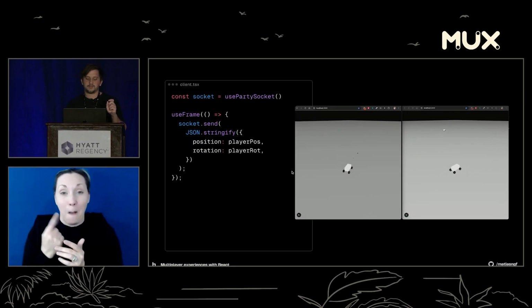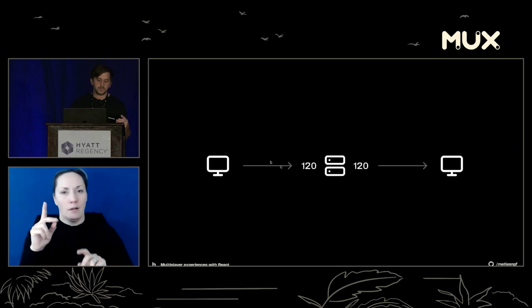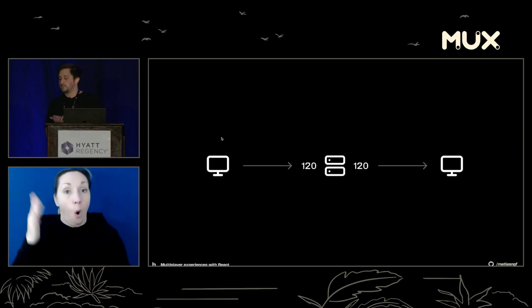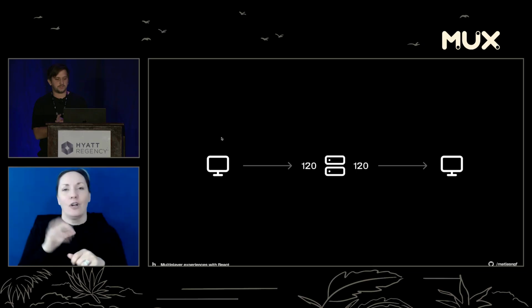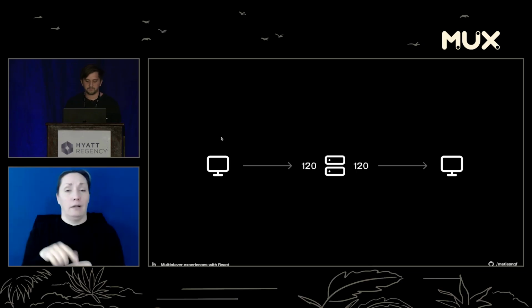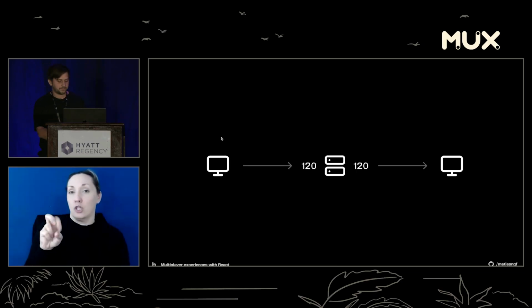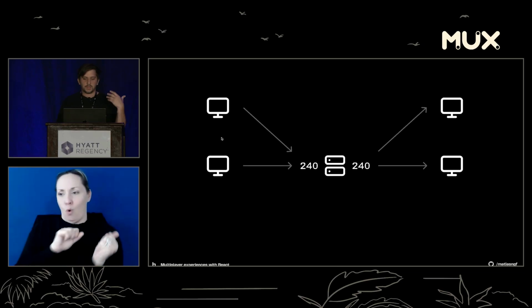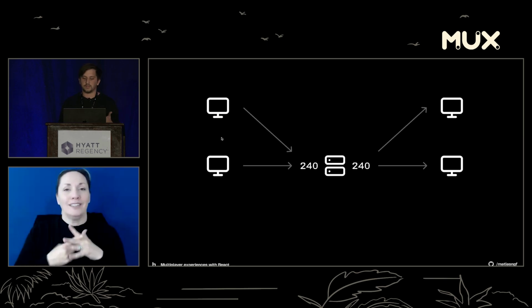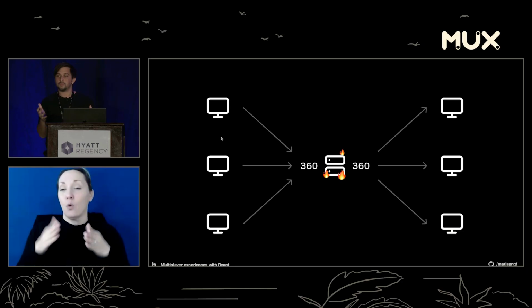But it has an issue when multiple people join. And why is that? If you're sending an update to the server on every frame, you're going to be sending 120 updates per second, and the server is going to do the same to every other user. As we start adding more and more users, that's going to be a problem. So we need to find a way to solve this issue.